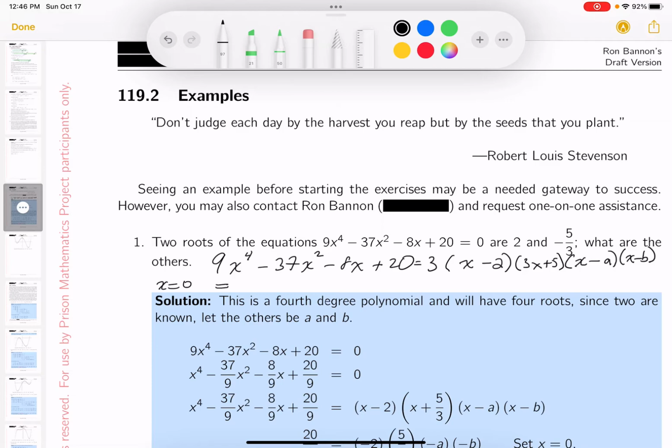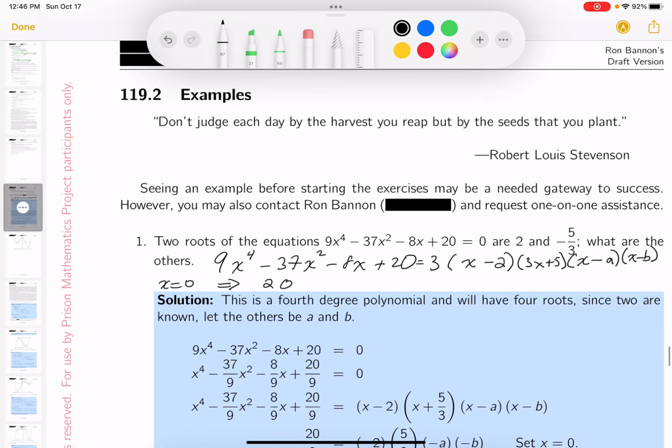If you did that, what would you get? You would get 20 on the left side. And on the right side, be very careful here. You would get 3, you would get minus 2, you would get 5, you would get minus a. I don't know what a is, by the way. And you get minus b. Now this doesn't look that bad. It's 20. I'm going to try to resolve the sign there.